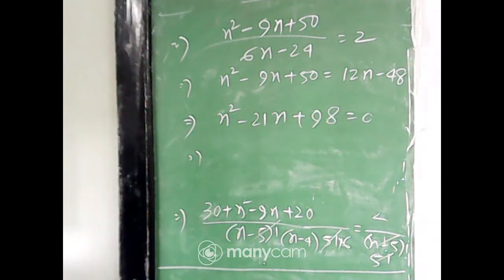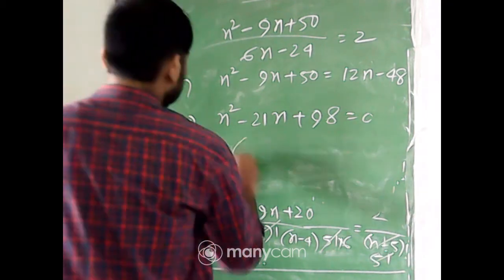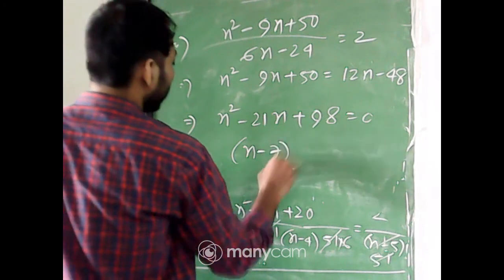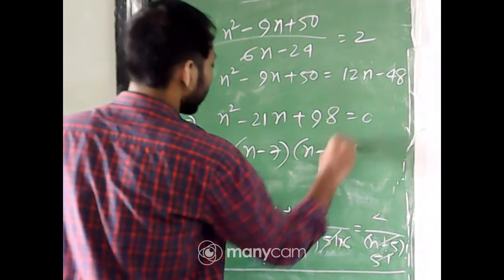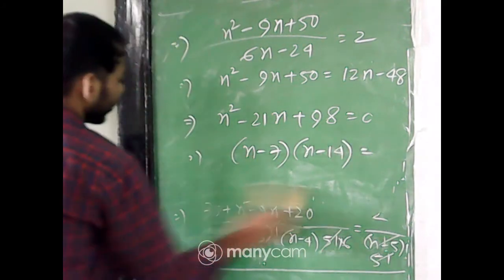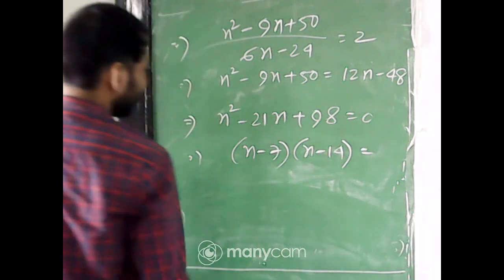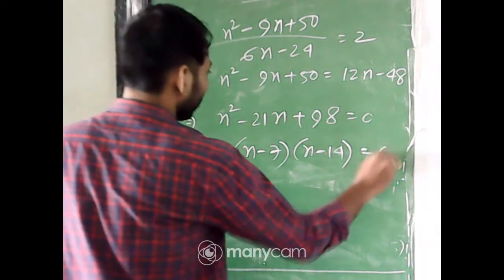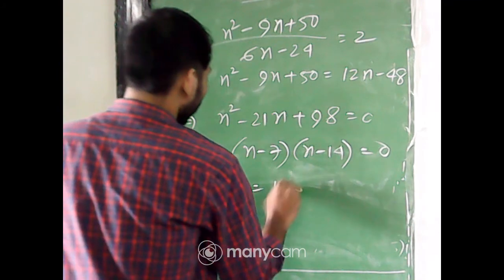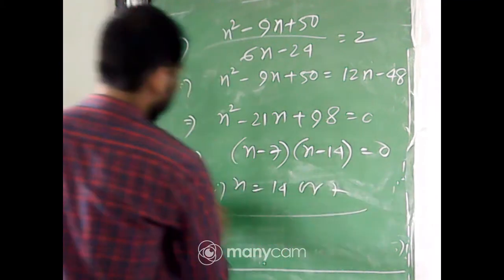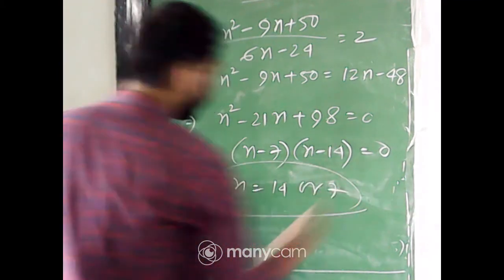So finally we got a quadratic equation. Solve it. It will be n minus 7 into n minus 14 equals to 0. So the value of n will be 14 or 7.